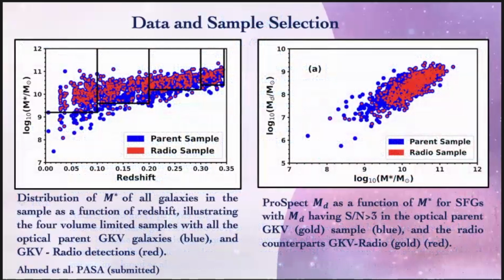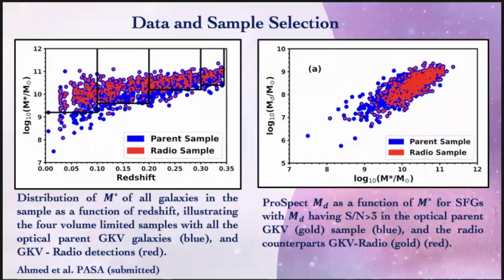So following these results, we decided to look in more detail at the obscuration properties using the same sample. We again constructed the sample, but in this case, instead of choosing the absolute magnitude limit as we adopted in our previous work, we used a stellar mass limit for our volume limited samples.